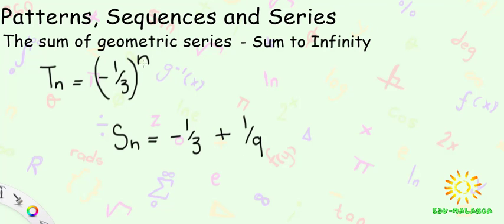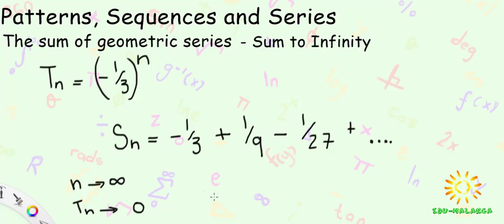And then (-1/3) to the power of 3 will go back to being negative, -1/27, plus, and it'll keep going from there. Again, as our n tends to infinity, our terms are tending towards smaller numbers, towards 0 again. And we still also have oscillation.